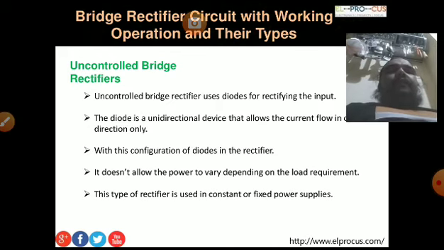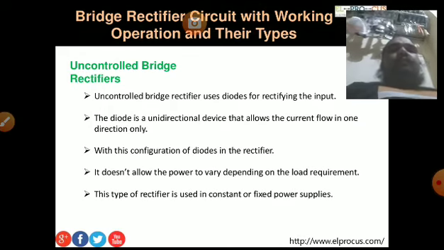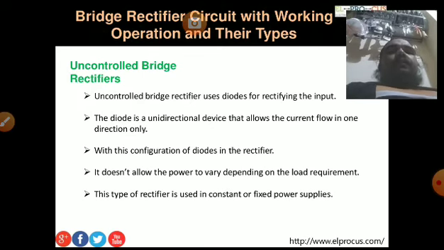Uncontrolled bridge rectifiers use diodes for rectifying the input. The diode is a unidirectional device that allows the current to flow in one direction only.